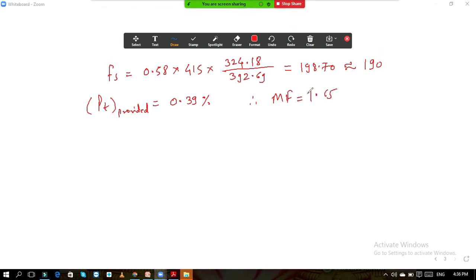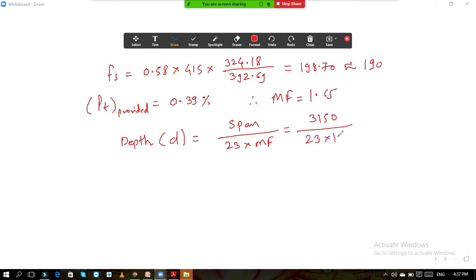Now further, we will calculate the depth. You know the formula: effective depth d is equal to span divided by 23 into modification factor, which is equal to 3150 divided by 23 into 1.65.